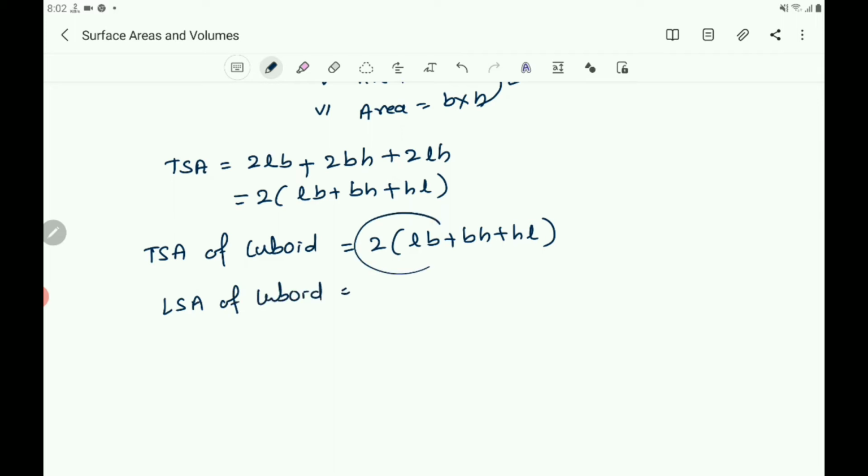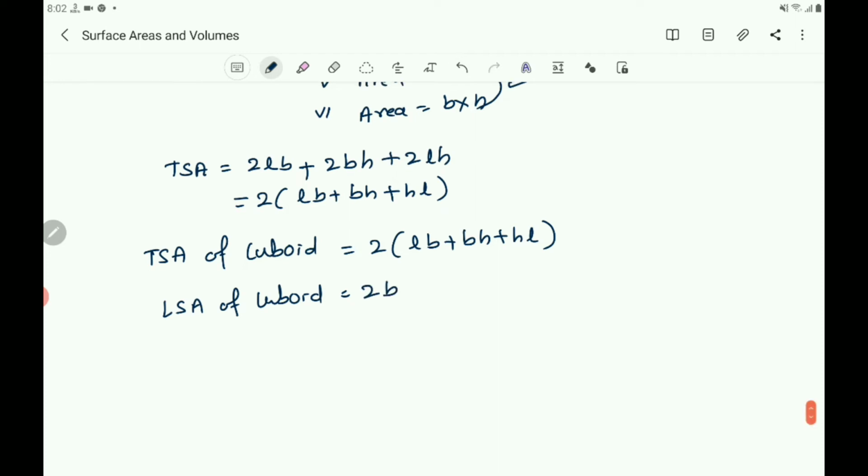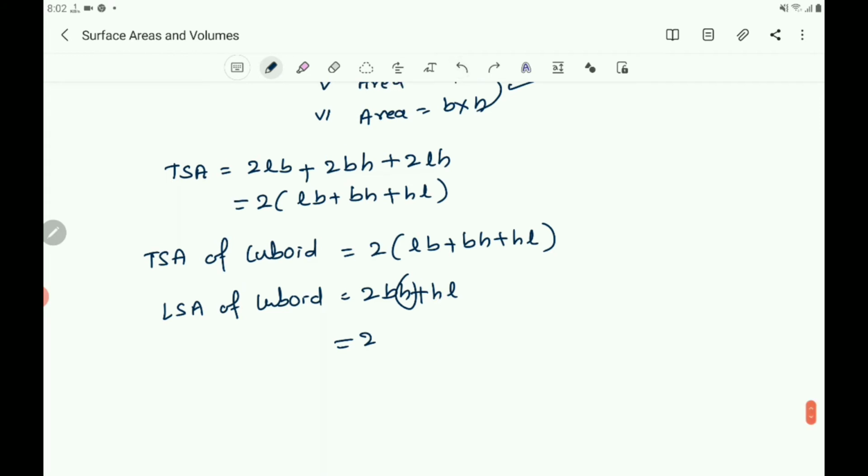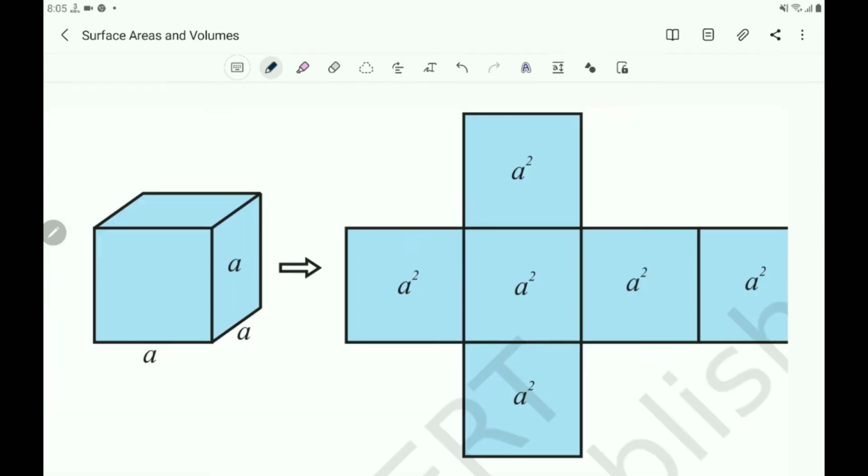It becomes 2 into BH plus HL. So you can take 2 into H as common, then it becomes 2 into H into B plus L, or L plus B, that is the LSA.